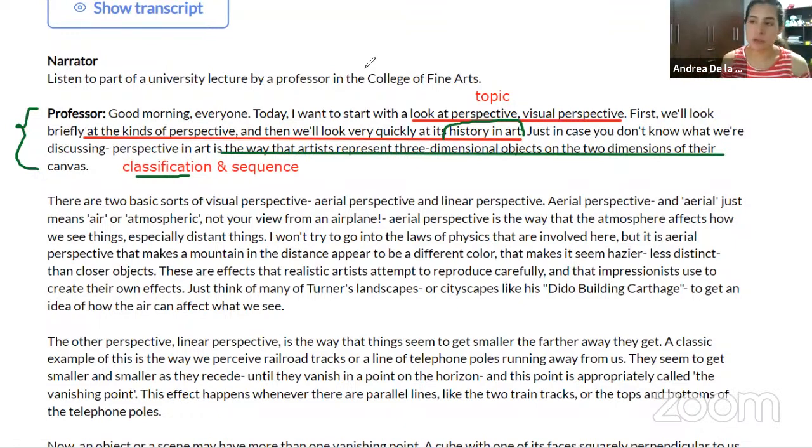Who first introduced this concept? Who first used perspective in art? Then what happened later? How did it spread? In which part of the world did this begin, right? So you're going to be looking for specific information, and that makes things easier for you.